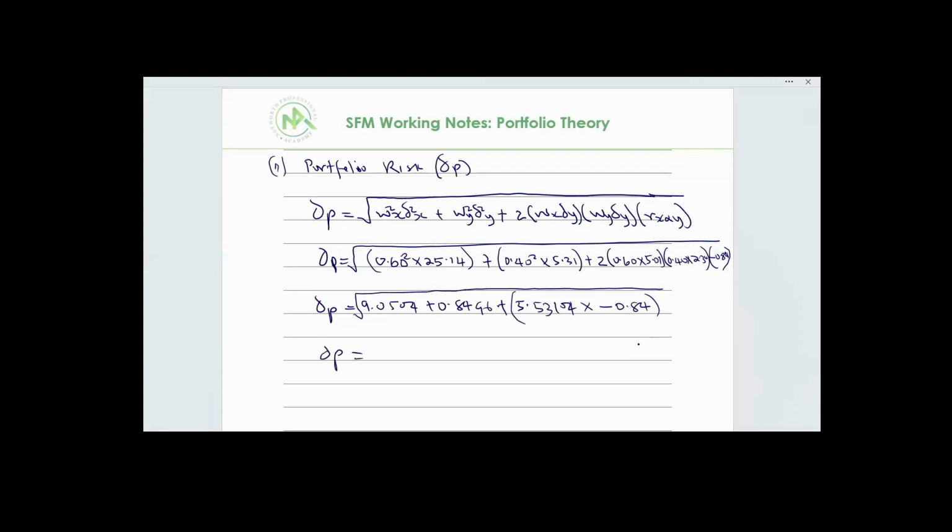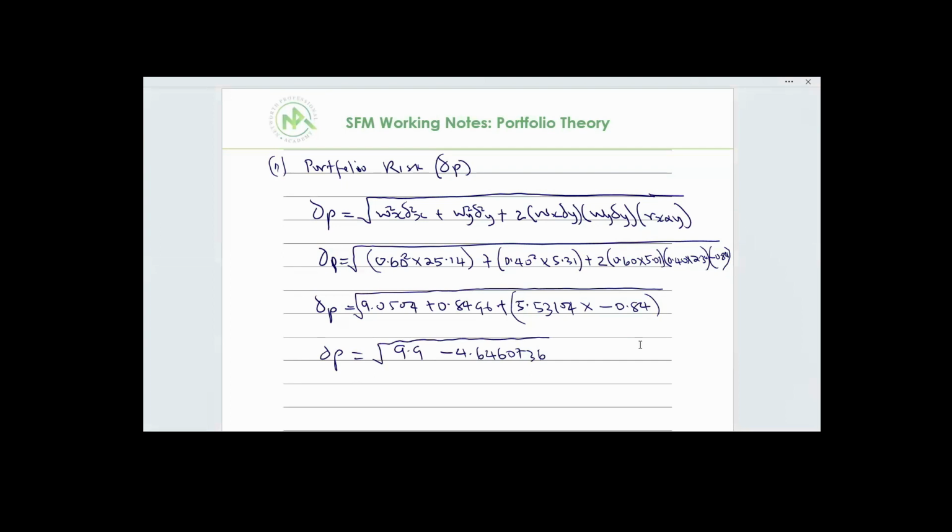Then the risk of the portfolio will be equal to 9.0504 plus 0.8496, equal to 9.9.